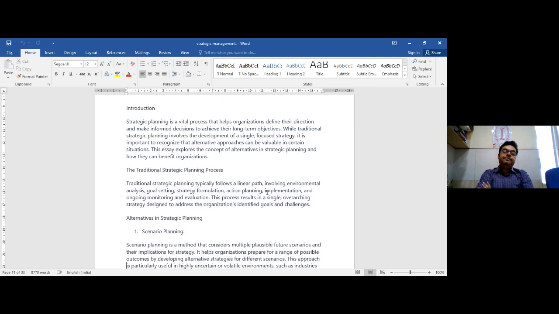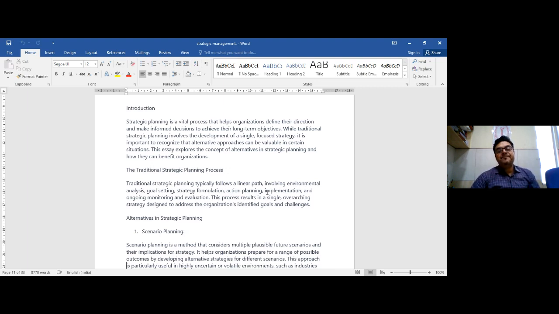Now, technically, any strategic planning would follow a linear path, and that straight line or linear path would involve various steps in terms of environmental analysis, goal setting, strategy formulation, action planning, implementation, and its ongoing monitoring and evaluation process.